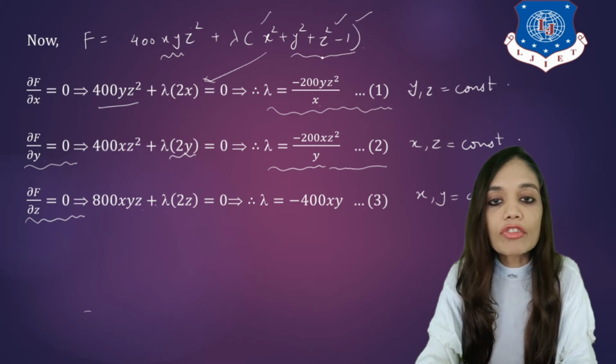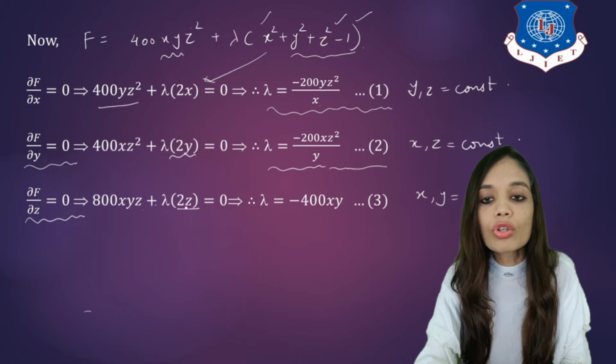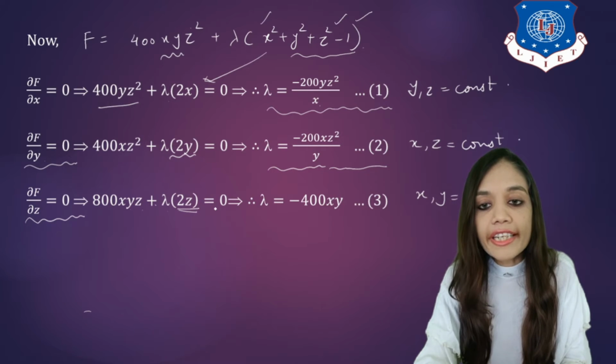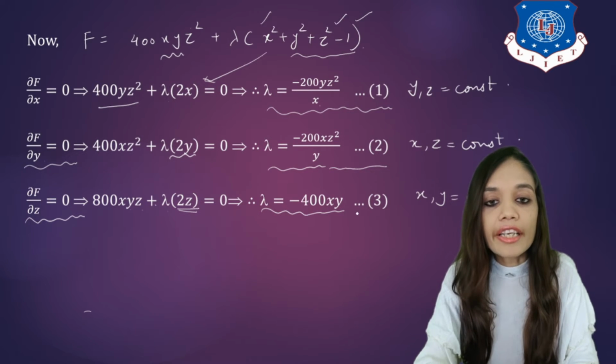Now find the derivative of this keeping x and y constant. So this is constant, and this is constant. So derivative will be equal to 0 and derivative of z square will be equal to 2z. Now equate it to 0 and make lambda as a subject. Therefore lambda will be equal to minus 400xy. Name this as equation 3.